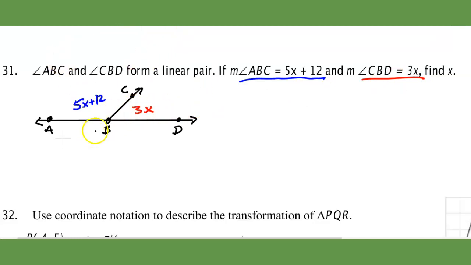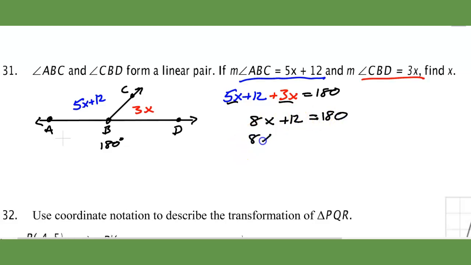So we know that this is going to add up to 180 degrees. So we're going to have 5x plus 12 plus 3x is equal to 180. So the 5x and 3x, we have 8x plus 12.